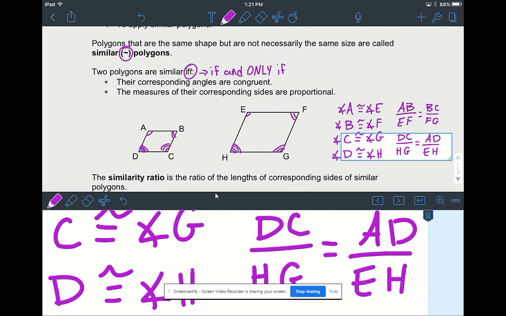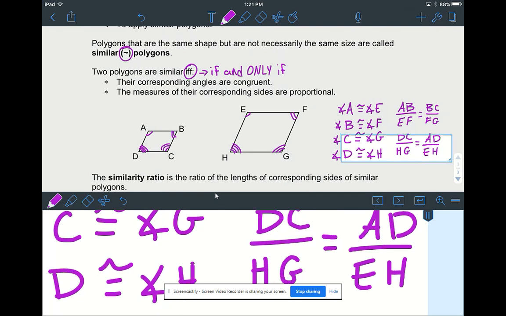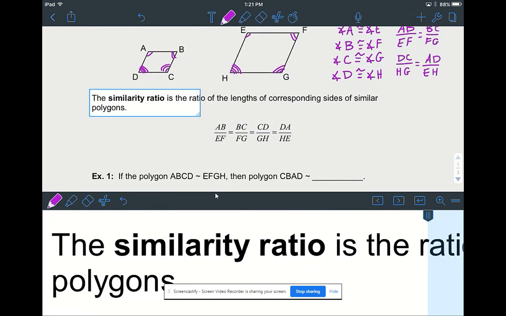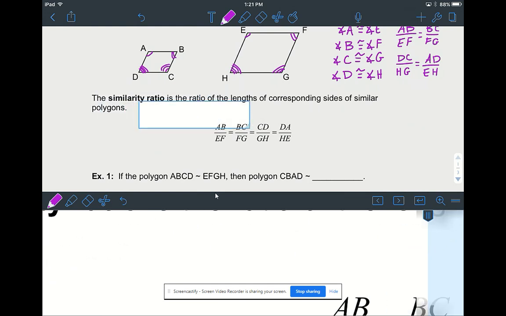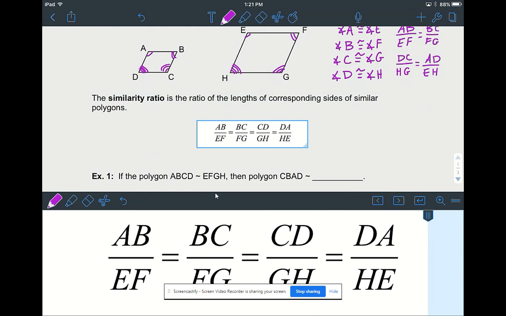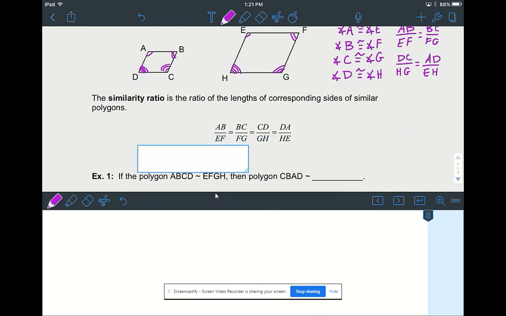So all of the sides have to have the same ratio of proportion. All right, all of that has to be true for them to be similar. So a similarity statement is going to be written of the corresponding similar polygons. So basically what I just wrote out, this is how you would write it all as one. So all of those have to check off to be the same similarity ratio.